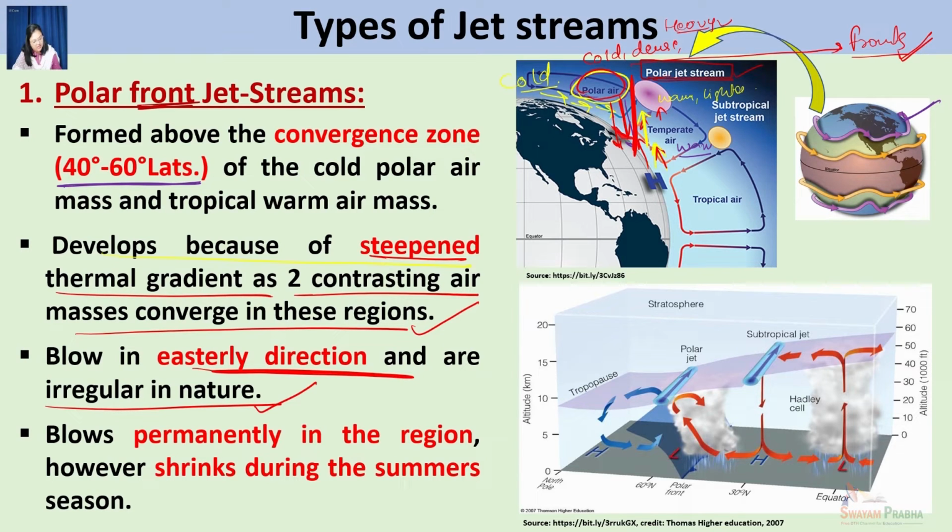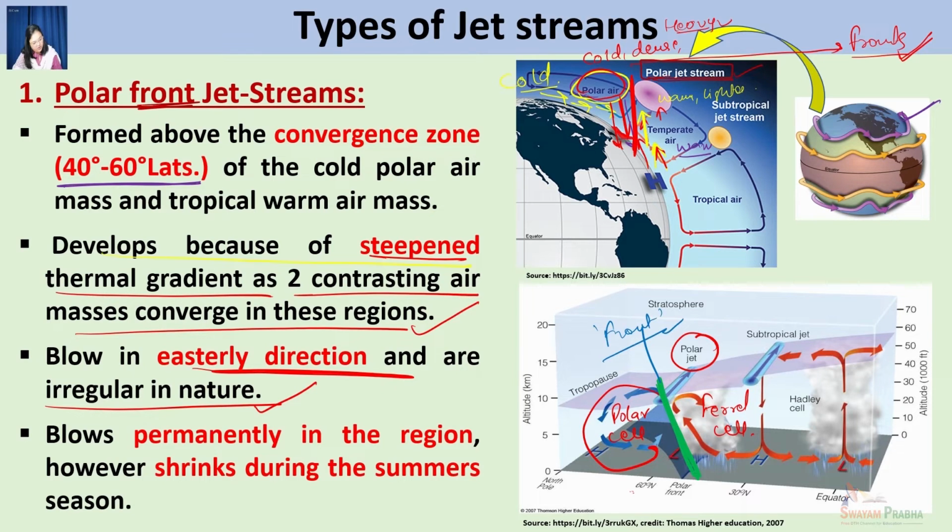So you can see in this particular diagram also that the polar jet stream exists between the polar cell and the Ferrel cell, and the consequent convergence of two contrasting air masses leads to the formation of fronts.